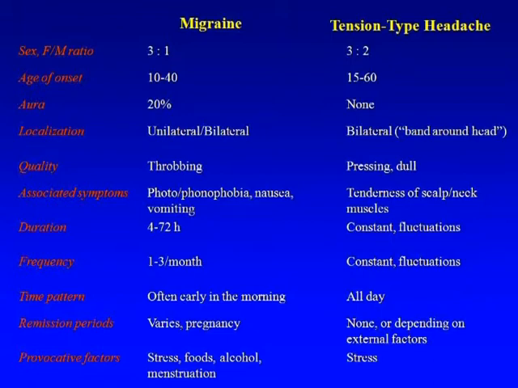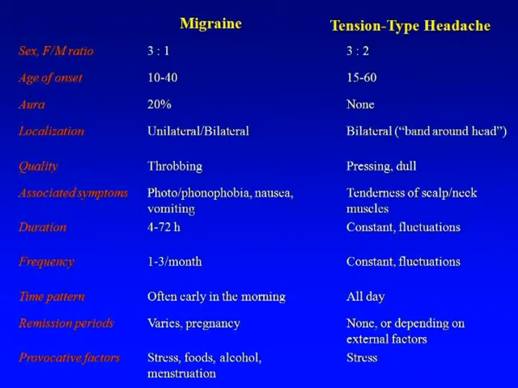Duration, again, migraine is anywhere from 4 to 72 hours. Tension type headache can last anywhere from 30 minutes to 7 days. Frequency for migraine is usually 1 or 2 attacks. That's what you see in the clinics for a good migraine patient. For tension type headache, they can have a little bit more frequent, like 5 or 7.